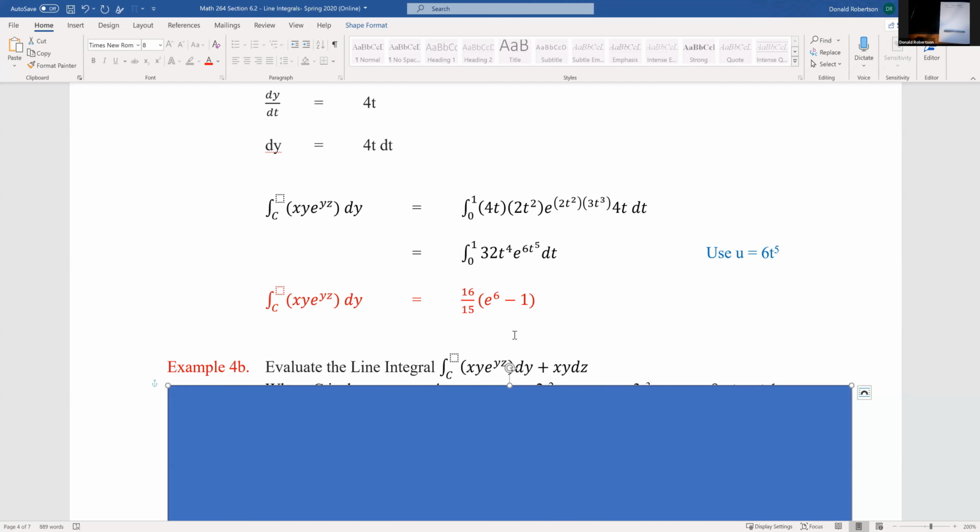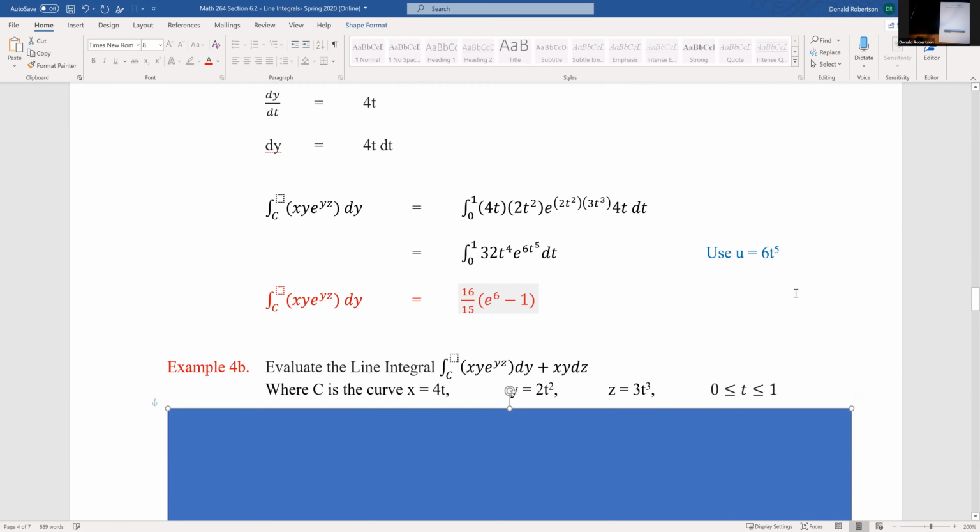Okay, here goes. Suppose I asked you to do an even weirder line integral. This is a line integral in two variables. We're doing this fella with dy plus this different fella dz. Now that's weird. You've never seen a normal integral with dx plus some dy's, right? You always had a single variable in Calc 2, this guy dt, this guy dx, this guy dp, but never this kind.